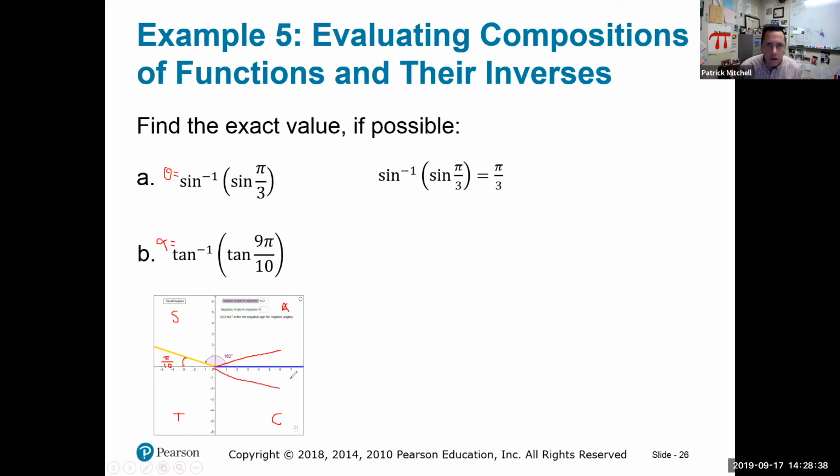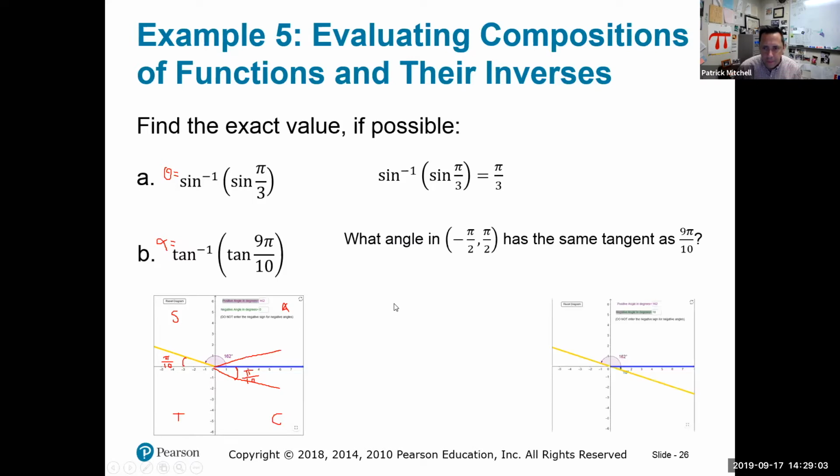So we're looking for the angle in quadrant 4 that has that same reference angle, pi over 10. And then the other thing you have to remember is it's going to be a negative angle, because for the inverse tangent function, we have to use an angle between negative pi over 2 and pi over 2. So that angle is going to be negative pi over 10.